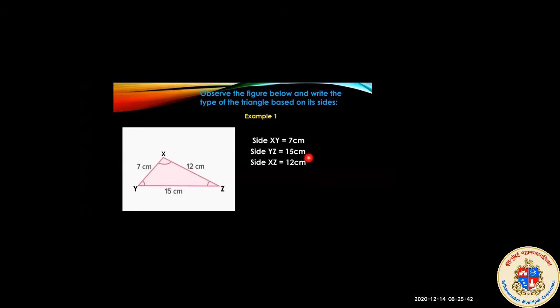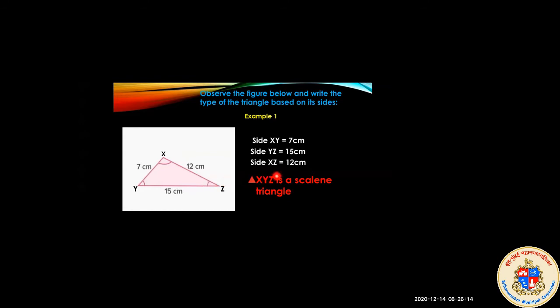Now when you look at these side measurements, you come to know that all the sides are different. So can you tell me which triangle it is? Scalene triangle. Very good. Well done. So this is a scalene triangle. When all the three sides are different in measurement, it is called a scalene triangle. So triangle XYZ is a scalene triangle.